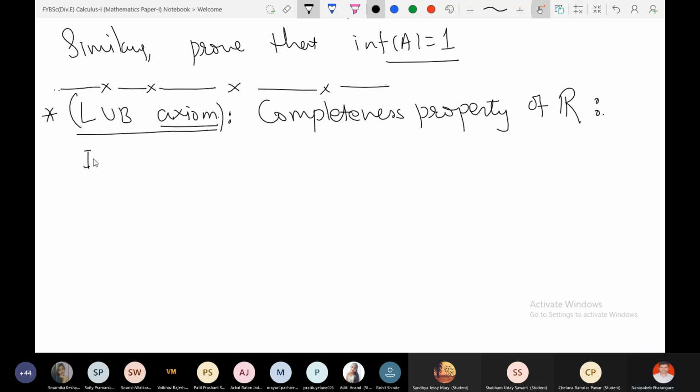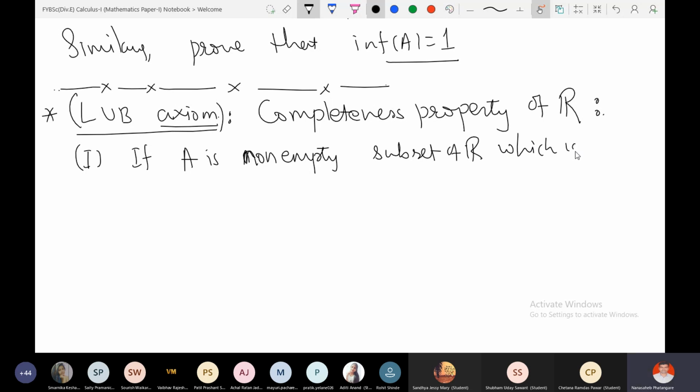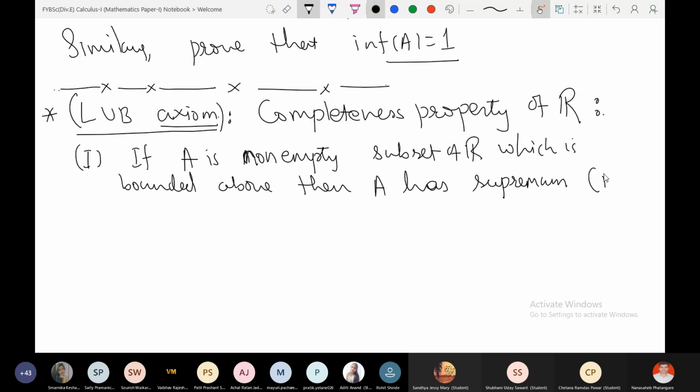So if A is a non-empty subset of R which is bounded above, then A has a supremum. In R, supremum in R, that is important.